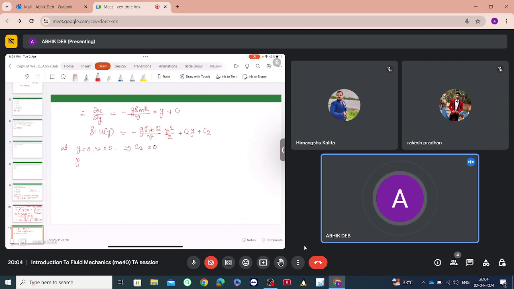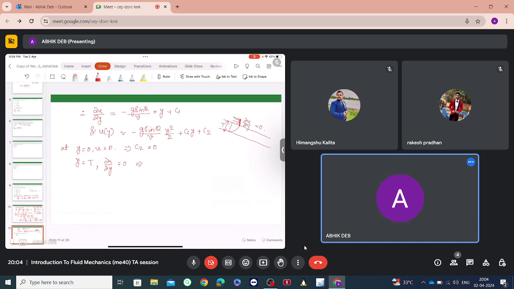At y is equal to the thickness t, as the boundary layer has developed for this flow, u is not changing with y anymore. That is, del u by del y becomes 0 at this thickness t. So at t, del u by del y is equal to 0.